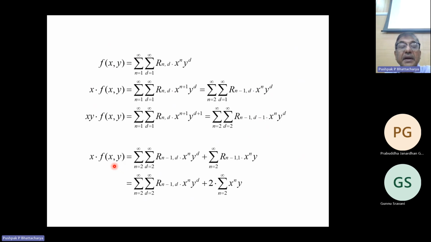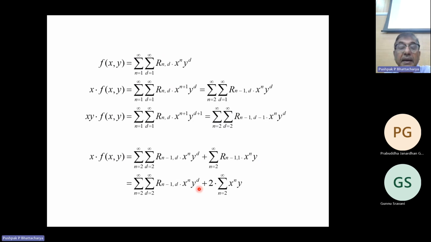So f(x,y) now can be written as the sum over n equal to 2 to infinity, d equal to 2 to infinity, R(n-1, d) x^n y^d, plus the sum over n equal to 2 to infinity, R(n-1, 1) x^n y.